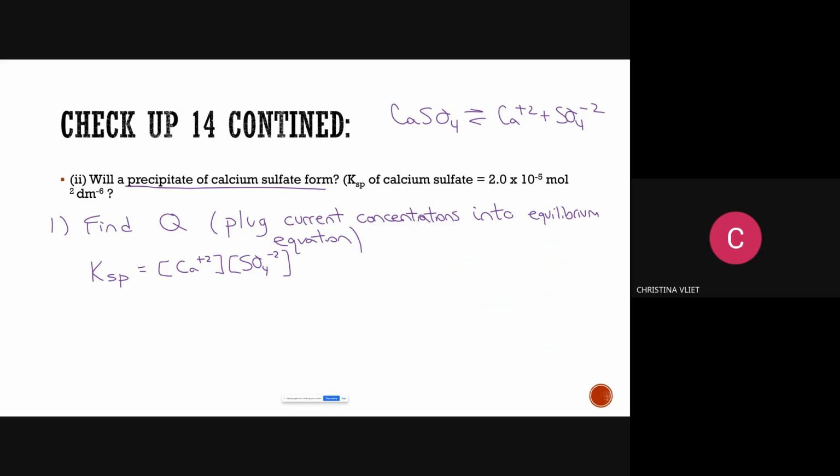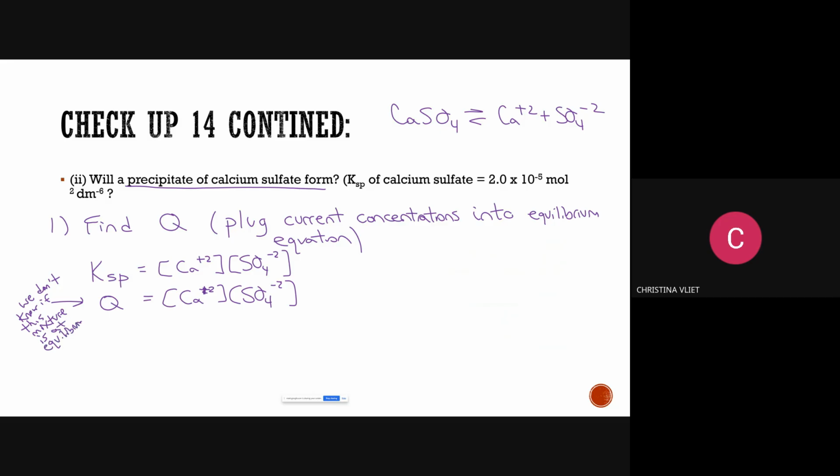But now here's the change. Q equals this. So what's the difference? What am I even saying here? Because we don't know if this mixture is at equilibrium or not.